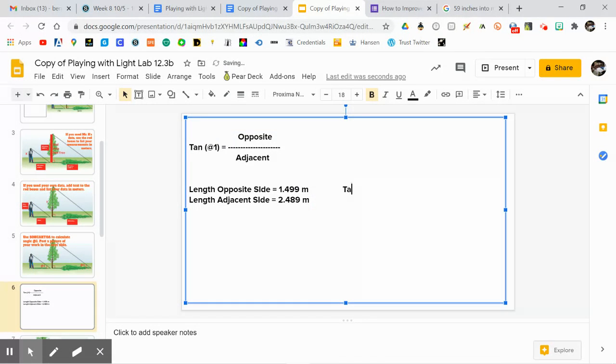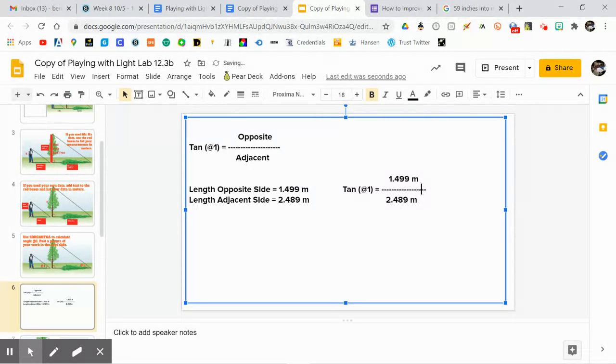So then the tangent of angle 1 is equal to 1.499 meters divided by 2.489 meters.